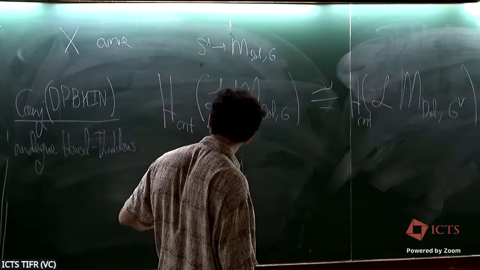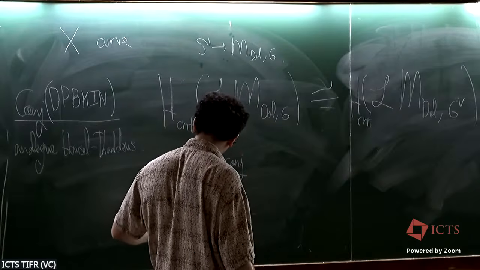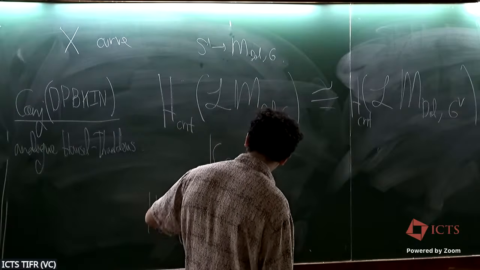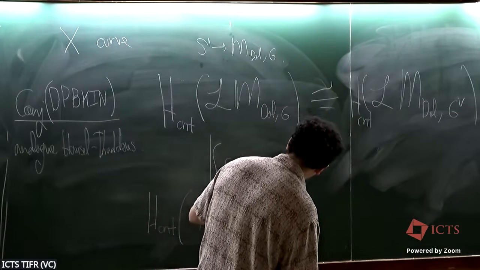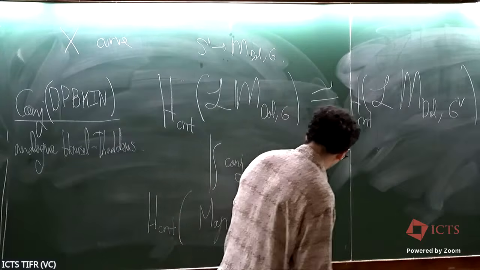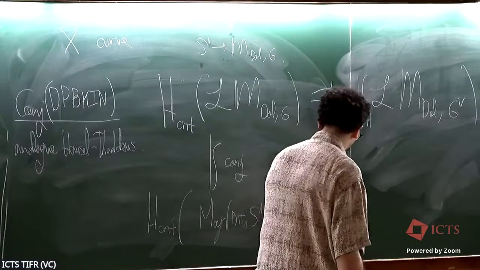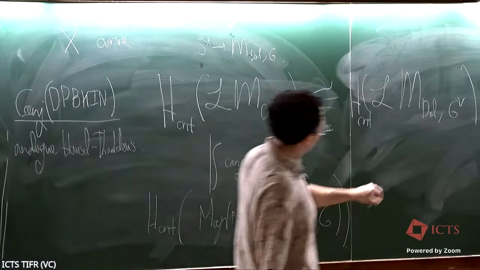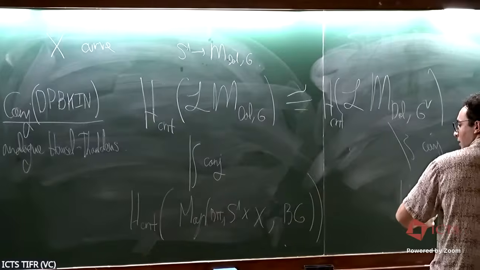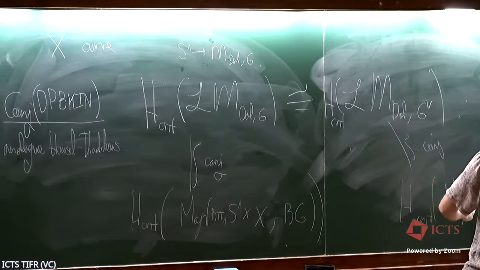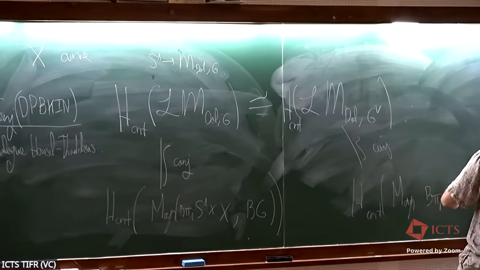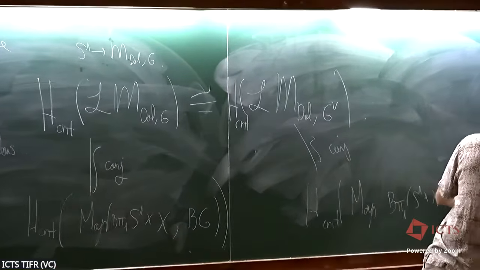So conjecturally, this should be isomorphic to the critical cohomology of the character variety for the three-manifold S1 cross X. And so conjecturally, there's a similar thing here: the character variety of this three-manifold, for now the Langlands dual group.